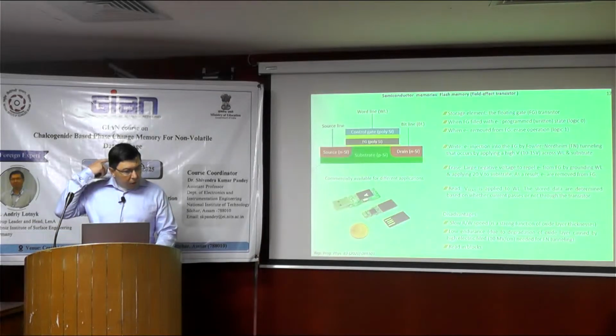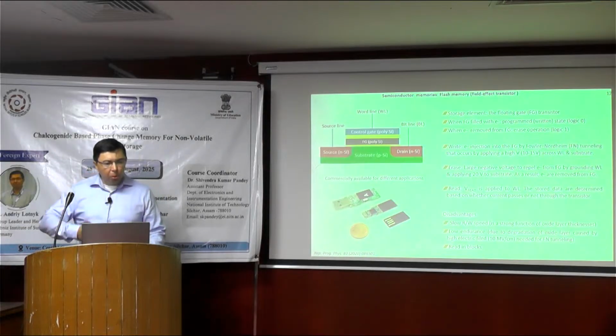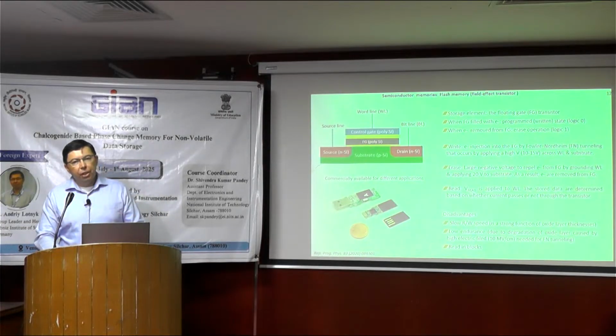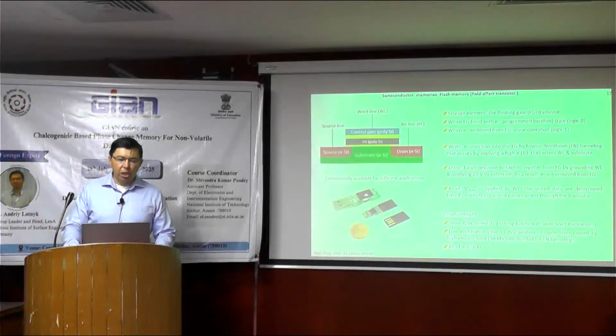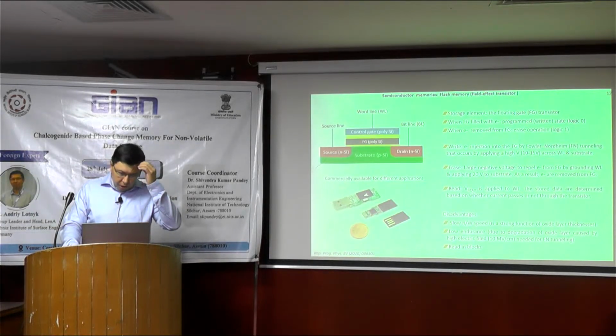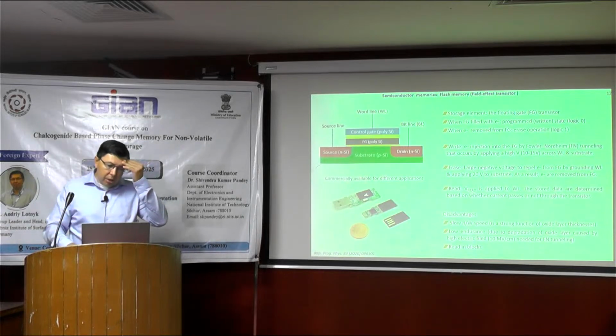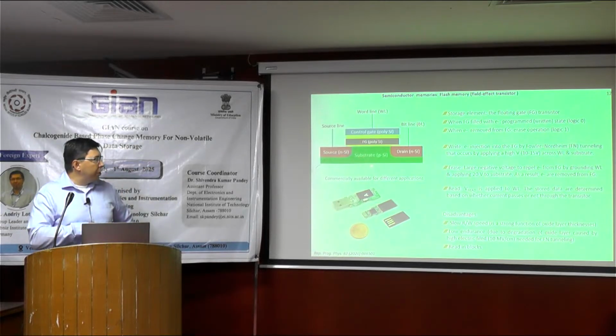So now let me consider the basic operation principle of different memory technologies. First I will start with flash memory, which is a field effect transistor. The field effect transistor is based on doped silicon, and there are also the drain and source, which are doped silicon.